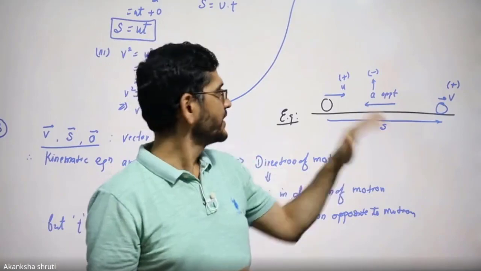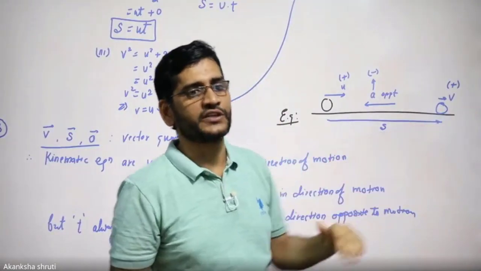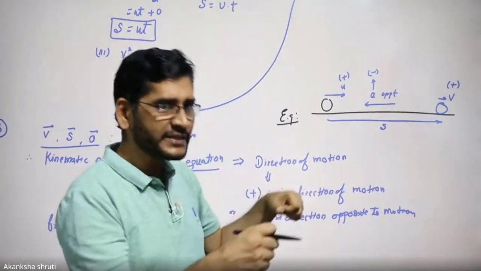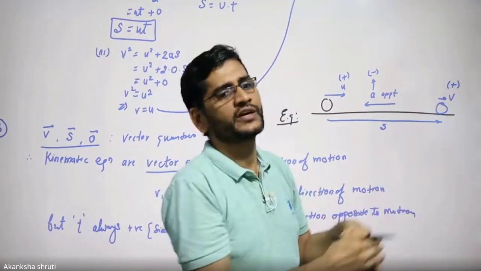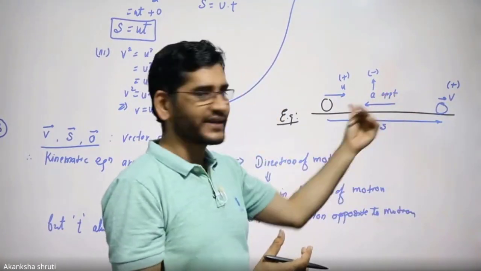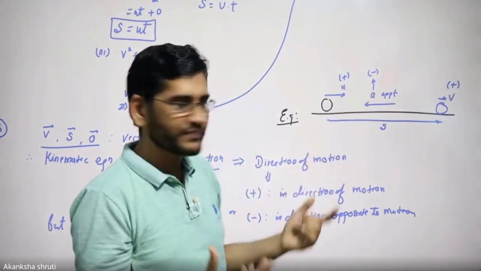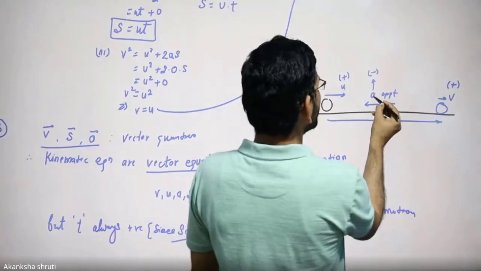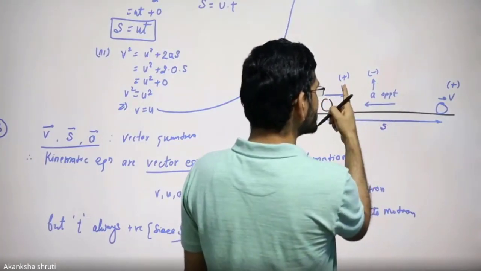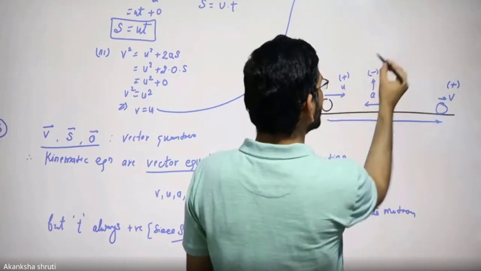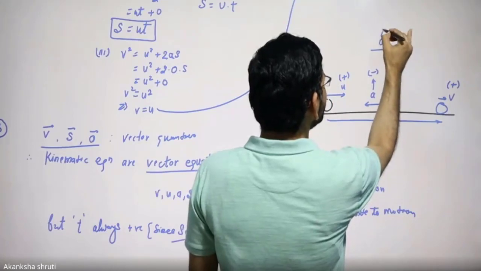At that time, the change in speed is positive, so acceleration is positive. But if you apply the brake, the velocity decreases, so the acceleration is in the opposite direction and is taken as negative. Here I have taken the acceleration leftward, therefore it is negative. In this case, you will observe that V is decreasing. But if acceleration is also in this direction, then we will take it as positive.